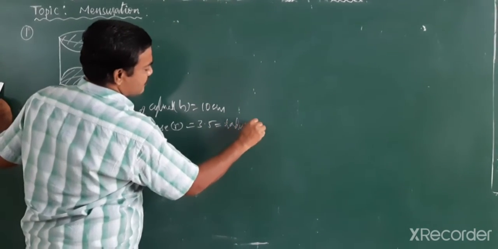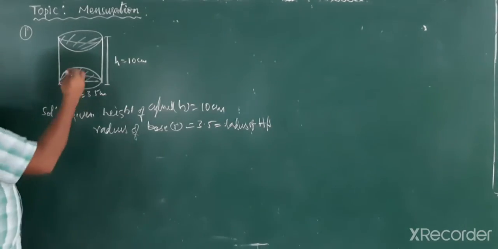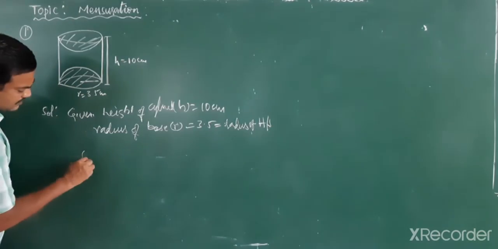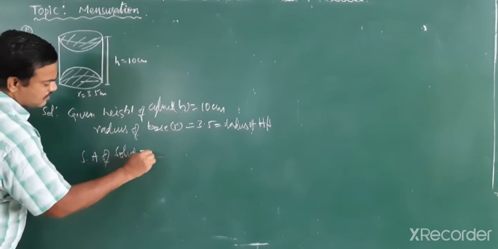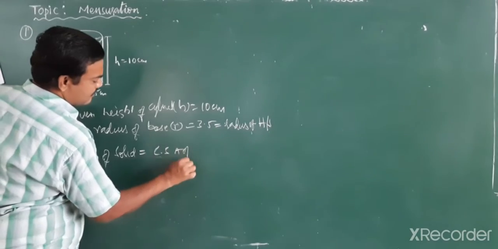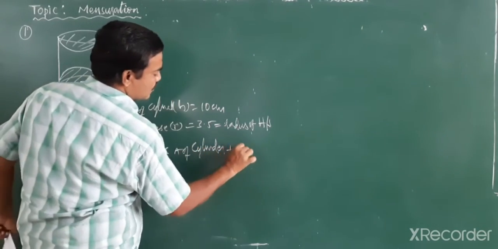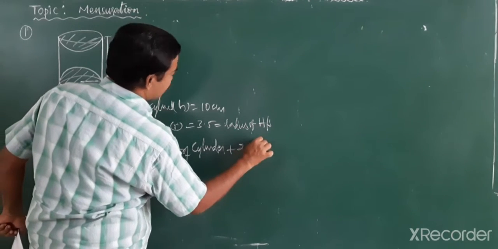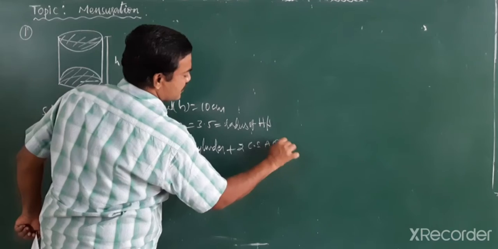Okay, so now the total surface area of solid is equal to curved surface area of cylinder plus 2 into curved surface area of hemisphere.